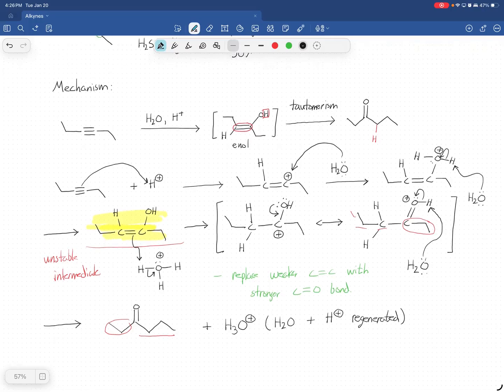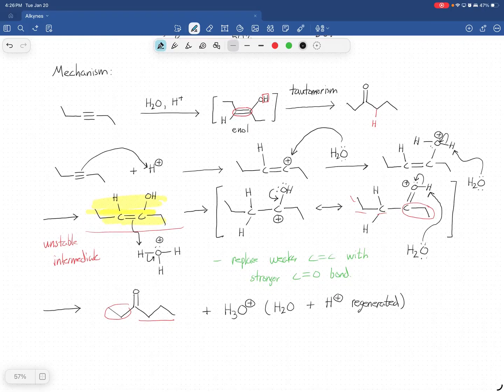Are there any questions? Any part of this mechanism that didn't make sense? Any clarifications? There are reaction steps we've seen before. You have an alkene or alkyne attacking H plus, forming a carbocation, and then the nucleophile that remains attacks the carbocation. So it's like what we saw in first semester, nucleophile attacking electrophile.